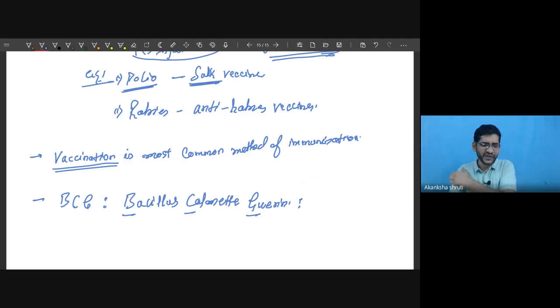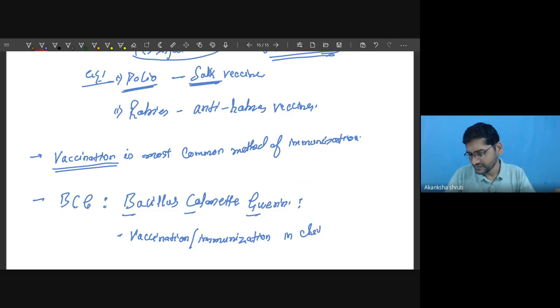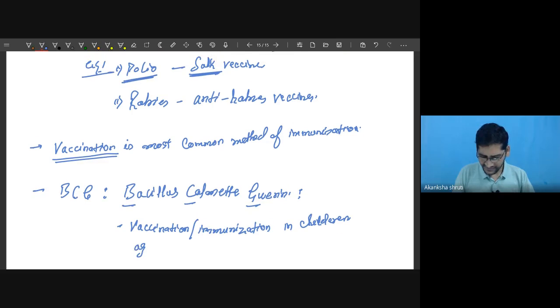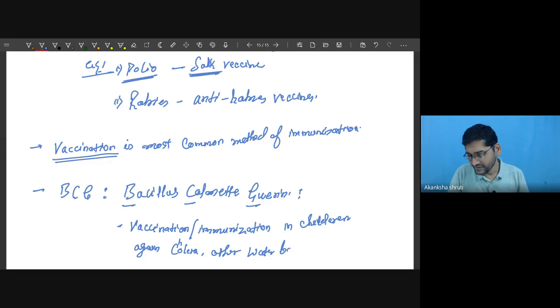It is given to children to avoid the attack of cholera and other waterborne diseases, so that these diseases shall not occur to the children while they are growing. So this is a vaccination or immunization method in children against cholera and other waterborne diseases. BCG, the BCG vaccine as you say, is the same one.